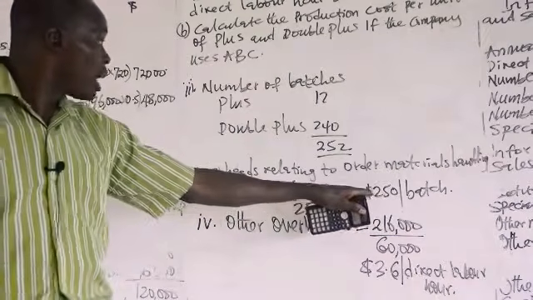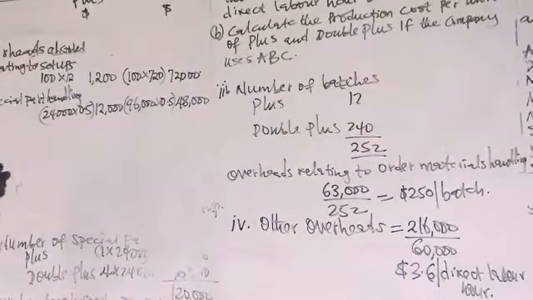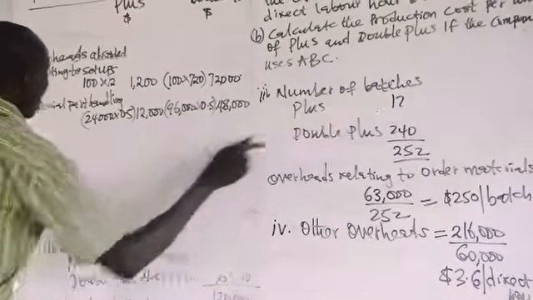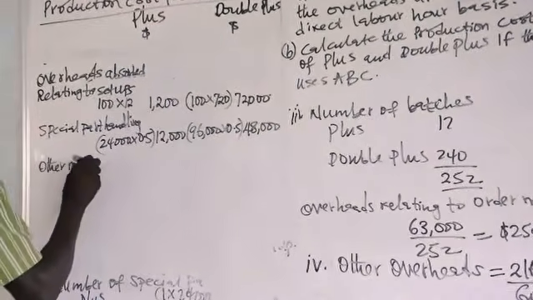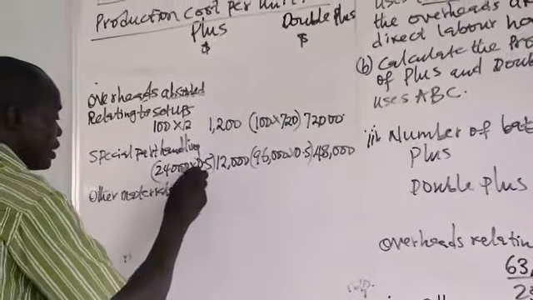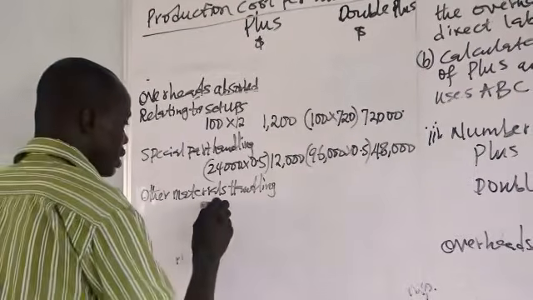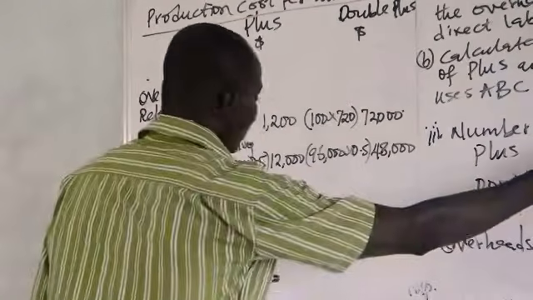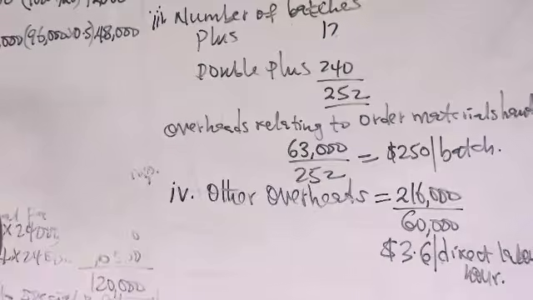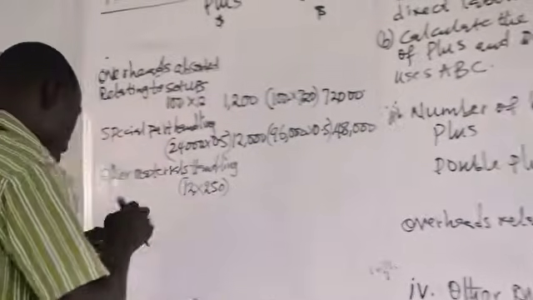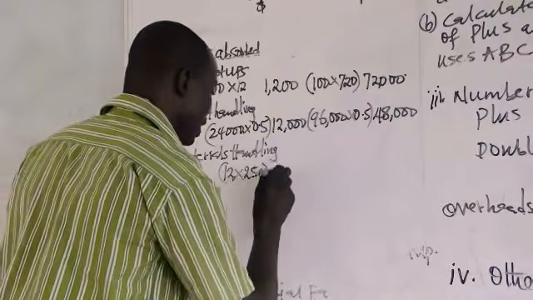So if it is $250 per batch, and the number of batches required for plus is 12 batches, other materials handling for plus is 12 batches times the rate per batch, 250. So 12 times 250, and that will give us 3,000.